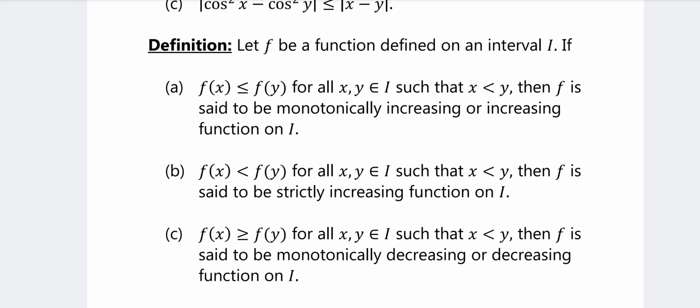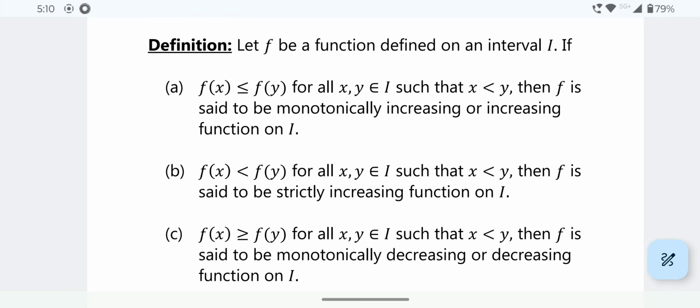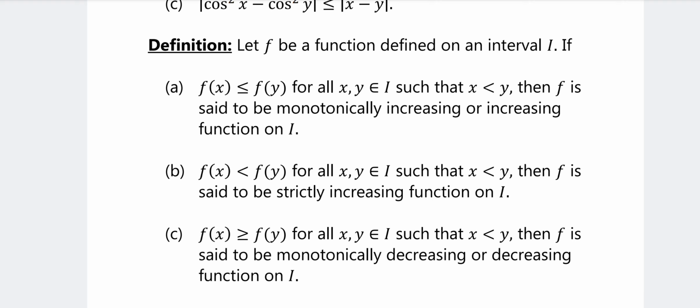When is a function said to be monotonically increasing? You see the part A definition. A function is said to be monotonically increasing, or just an increasing function, if f(x) is less than or equal to f(y) for all x such that x is less than y. It means my function is not going to decrease, so it is monotonically increasing.